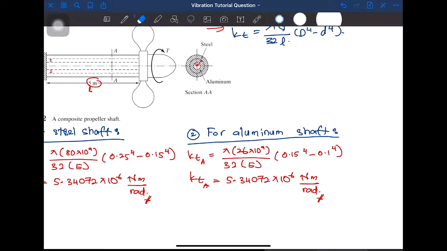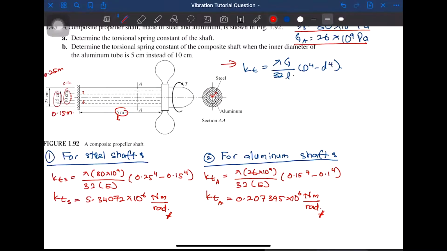Once you calculate that, you get the torsional stiffness of the aluminium to be 0.207395 times 10 to the power of 6 Newton meter per radian.